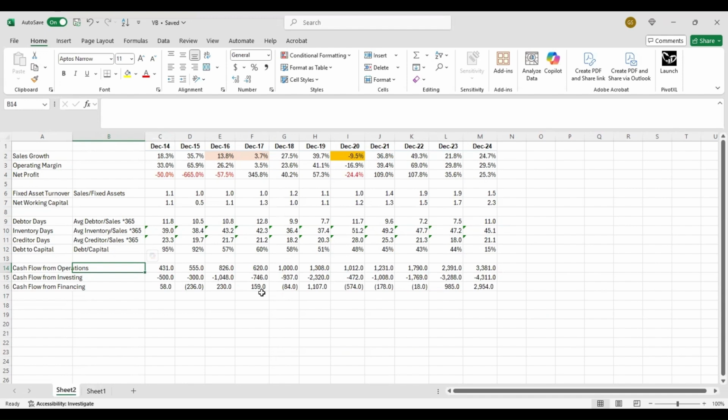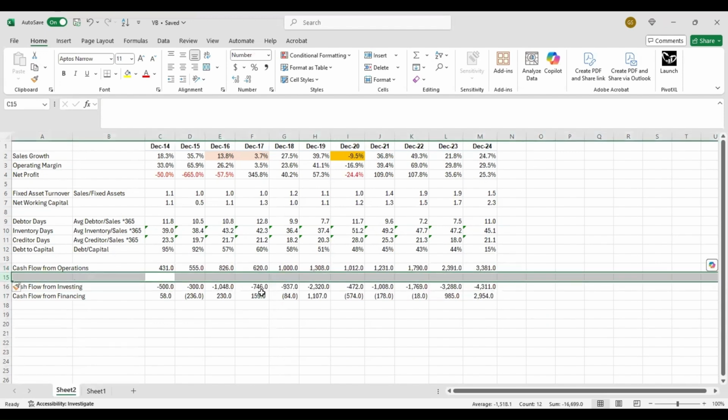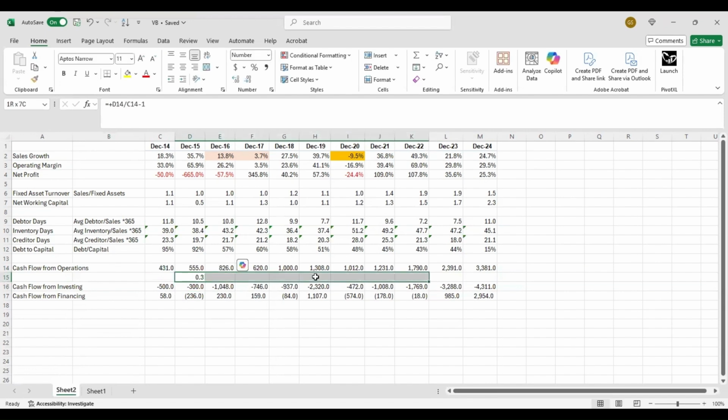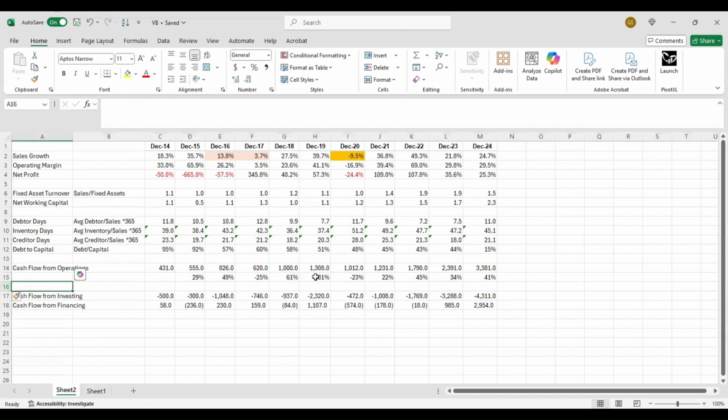All right. But in this case, I see that the cash flow from operations is growing at a good pace with time. This formula over here denotes the percentage growth, and yes, it's growing well over time. I can also compare it with the net profit that I'm earning.